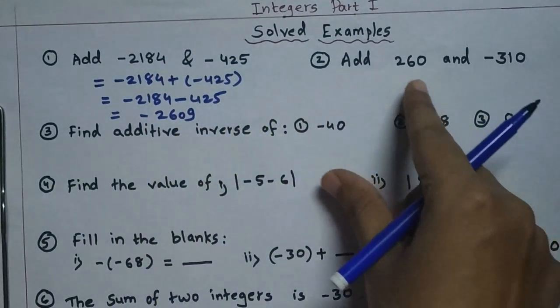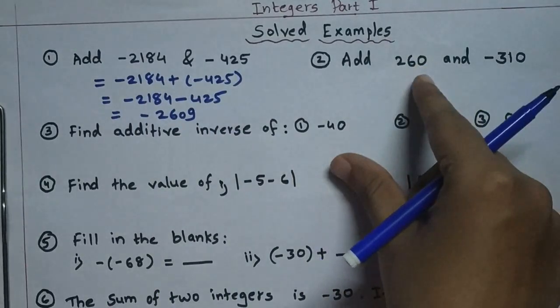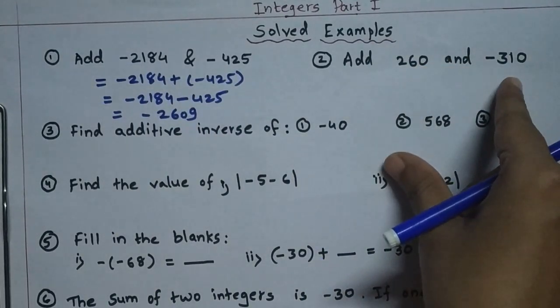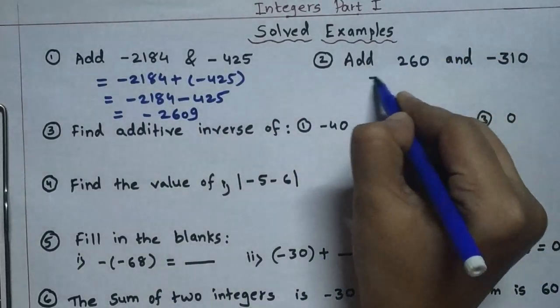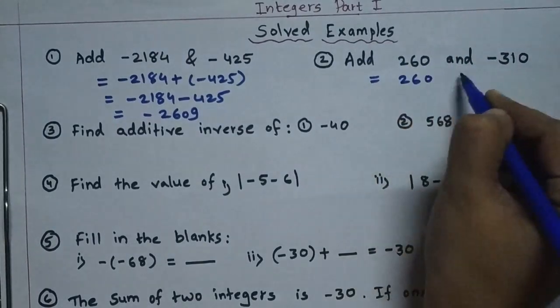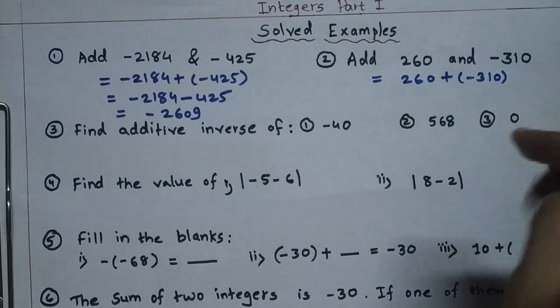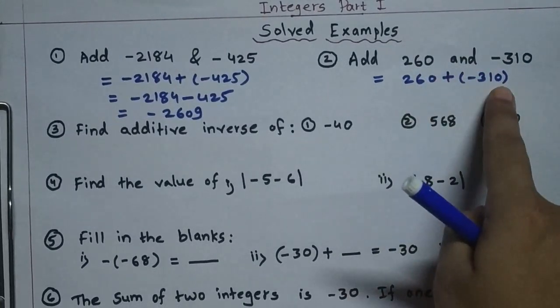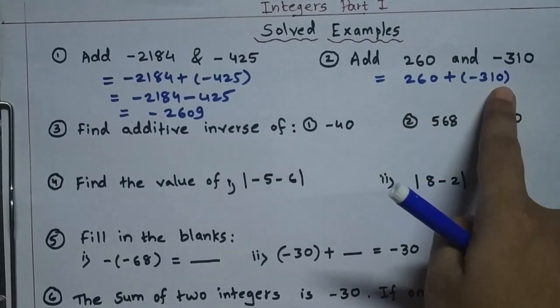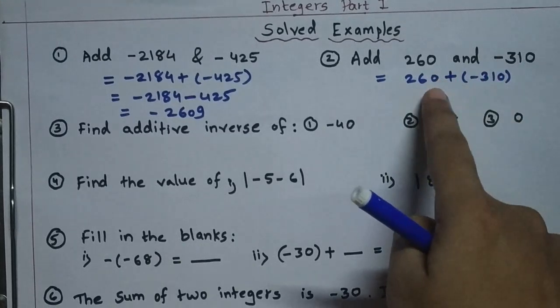Moving to the next question, we have to add 260 with minus 310. You can see here one positive integer and one negative integer. According to our previous lecture, we are going to do the subtraction.